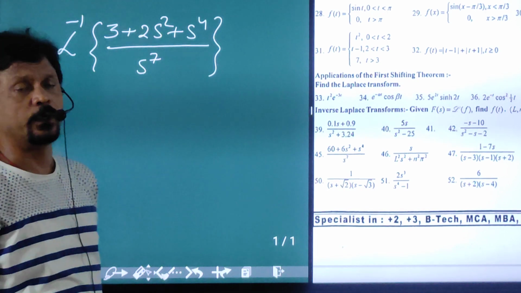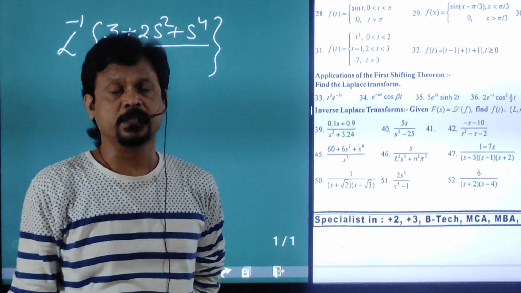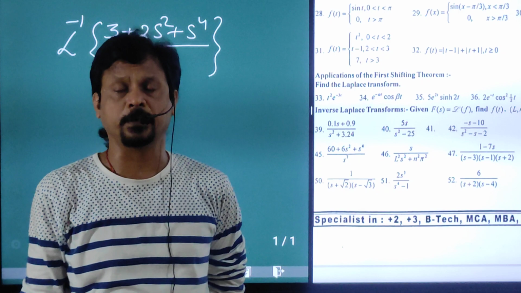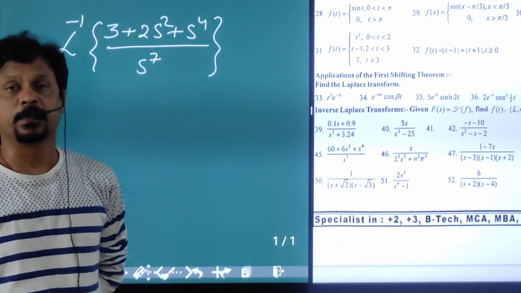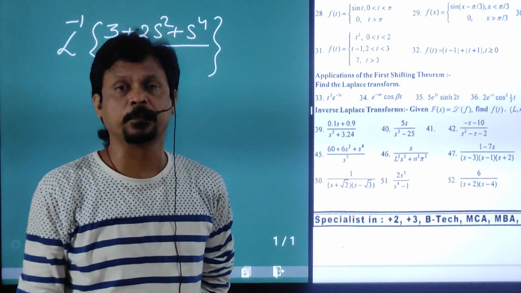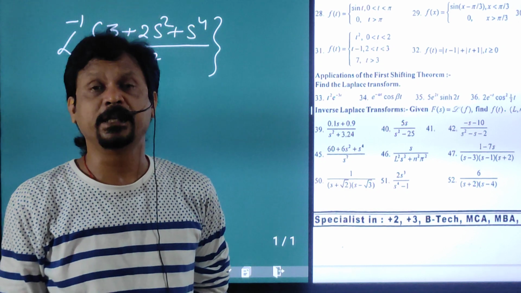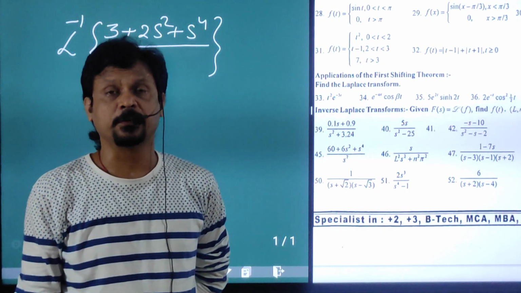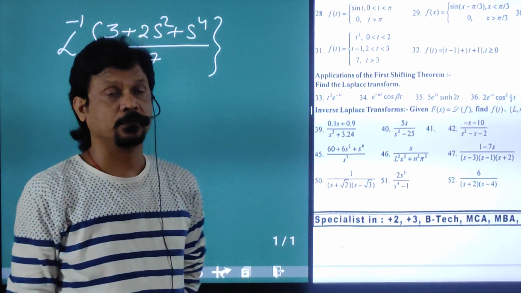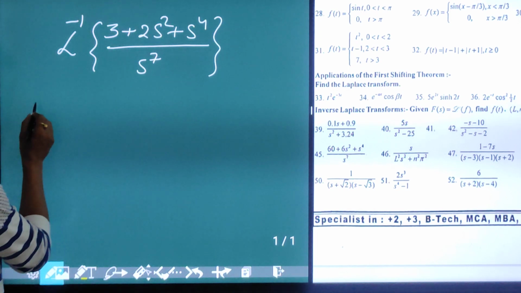Already I have told you, Laplace inverse of 1 by s to the power n is t to the power n minus 1 divided by factorial of n minus 1. So see here, I am separating.